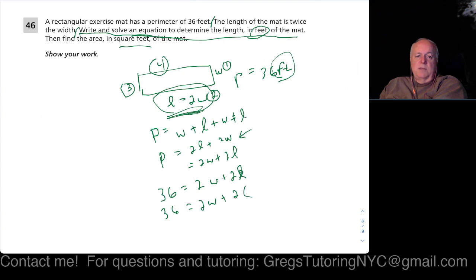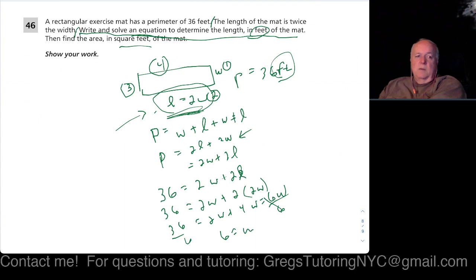We just replace the L with the 2W that we knew from up here. So that's equal to 2W plus 4W, which is 6W. So we have 36 is equal to 6W. We divide both sides by 6. So we have 6 is equal to W.